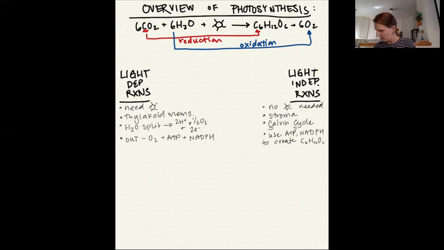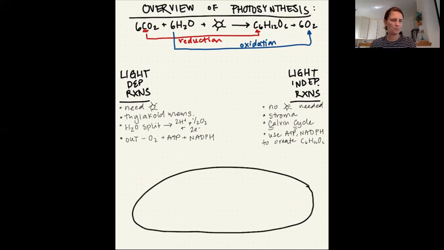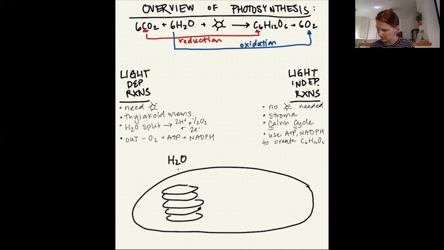If we look at, for example, a chloroplast, what we're going to see is that we have these thylakoid membranes. Remember, one full stack of pancakes is called a granum. And we're going to see water going into the light-dependent reactions, right? We're going to see electrons being shunted around, but two electron transport chains, we'll get that when you draw that out.